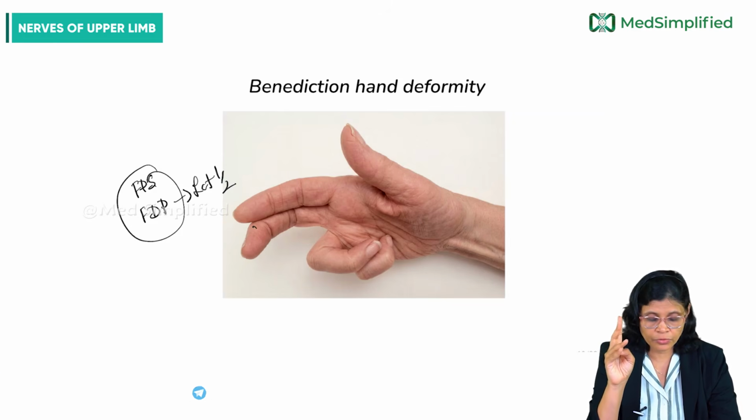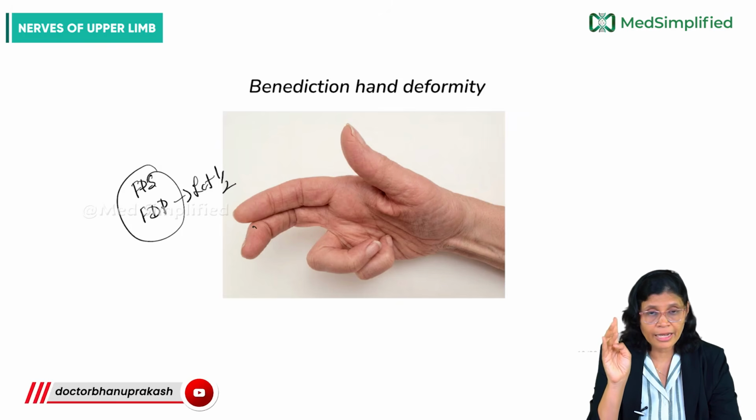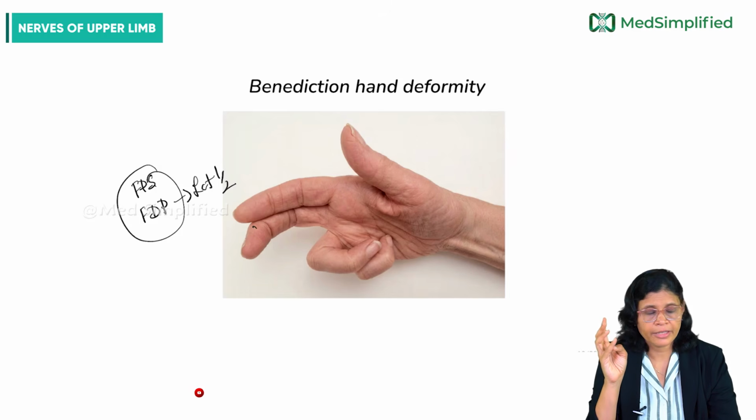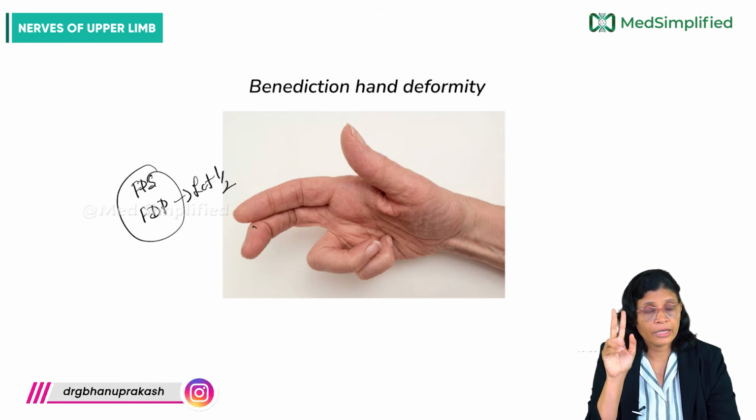And why not the other two fingers, the ring and the little finger? That is because of the intact nerve supply of the flexor digitorum profundus, and the hypothenar flexor digiti minimi is also spared there. Only these two fingers remain straight, because of the involvement of both flexor digitorum superficialis and the lateral half of flexor digitorum profundus.